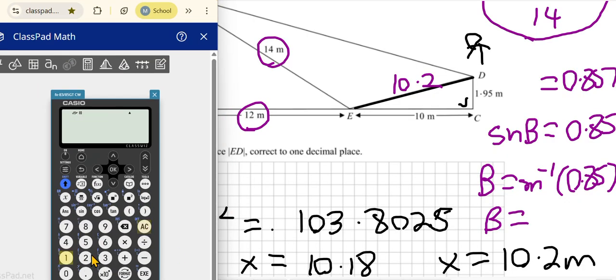So 12 over 14 is actually, now it's a lot harder doing it this way, 0.857, agreed? Now, sine inverse 0.857. Okay. We got 59. Is that okay?